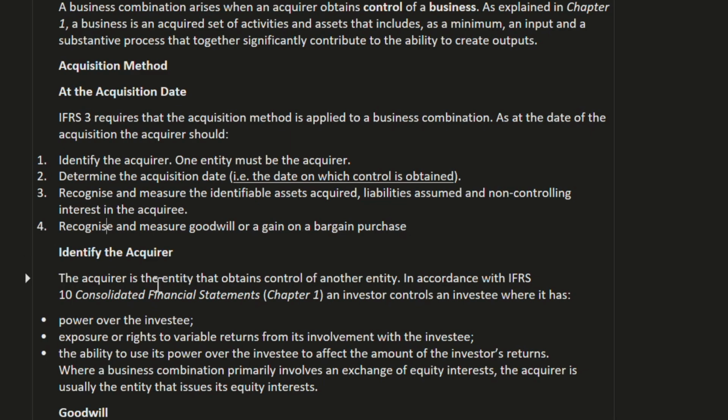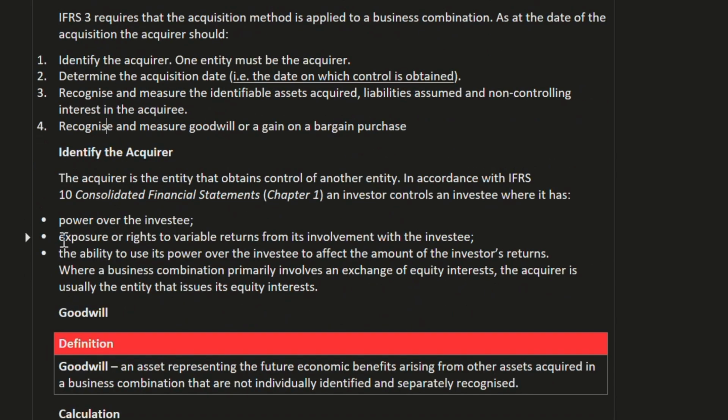Identify the acquirer. The acquirer is the entity that obtained control of another entity in accordance with IFRS 10 consolidated financial statements, which we have studied in chapter 1. An investor controls an investee where it has power over the investee, exposure or rights to variable returns from its involvement with the investee, and the ability to use its power over the investee to affect the amount of the investor's return.